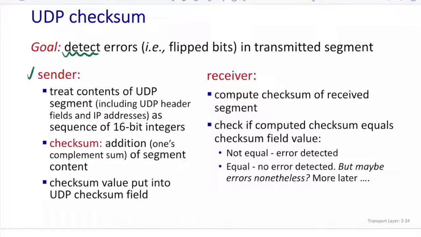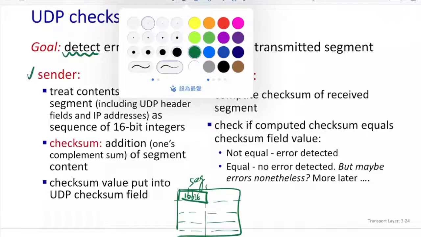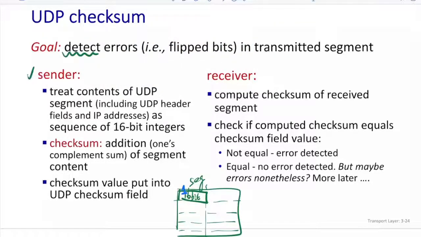Okay, the checksum means we add all those 16-bit integers to get the sum. So for example, if I have a segment like this, basically we can divide it into several different parts. Each part is a 16-bit field. We add the first part and the second part, third, fourth, fifth, and so on.